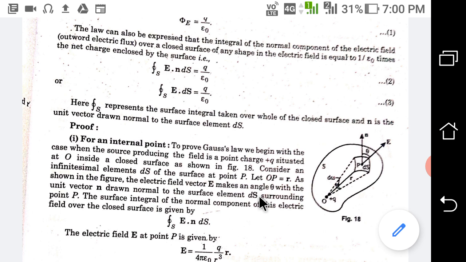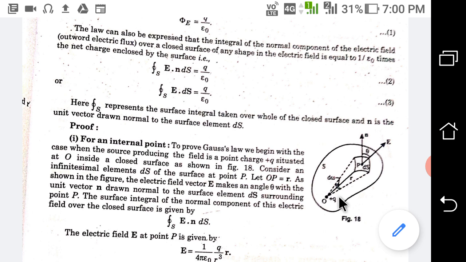Here in the figure, Q is a positive charge, and P is a point at a distance R from O. To prove Gauss law, we begin with the case when the source producing the field is a point charge plus Q situated at O inside a closed surface, as shown in the figure.